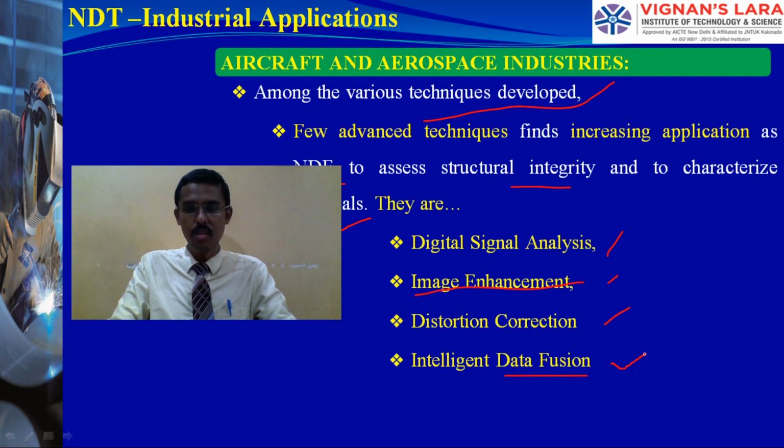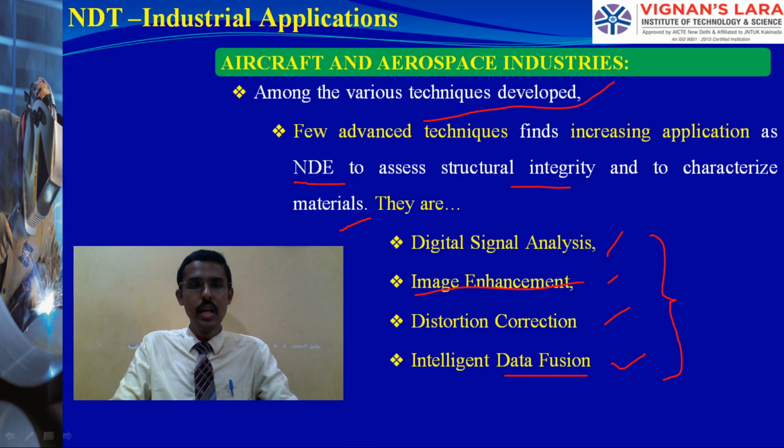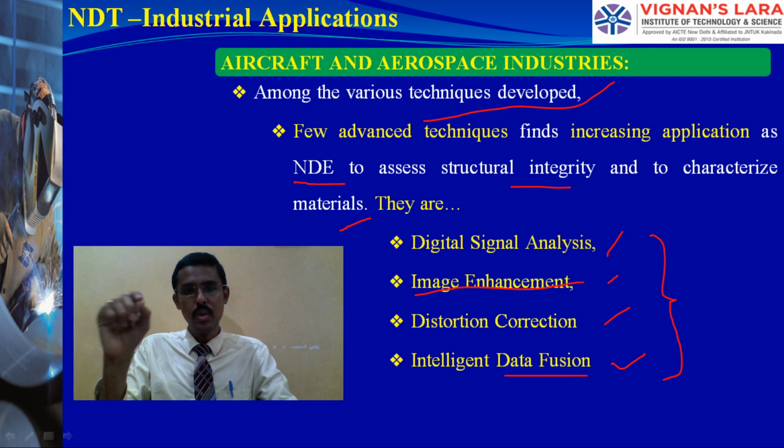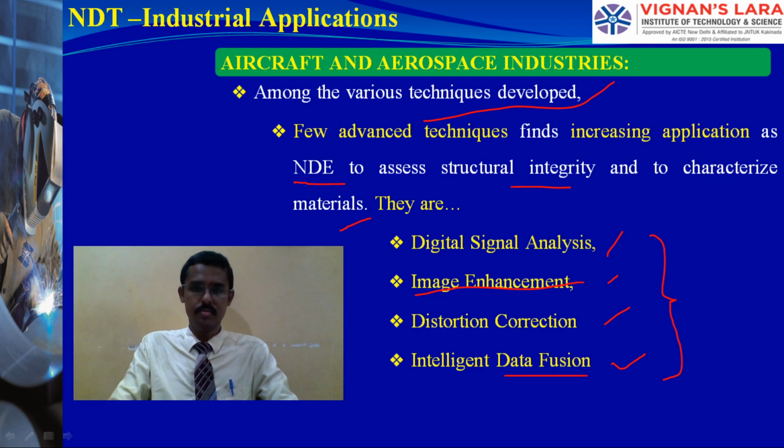These are advanced methods performed digitally to collect more data, so that we can perform precise operations to identify a discontinuity precisely in depth and dimensions, and judge whether it is okay or not okay, whether it can be passed or we have to go for repair, replace or reject.